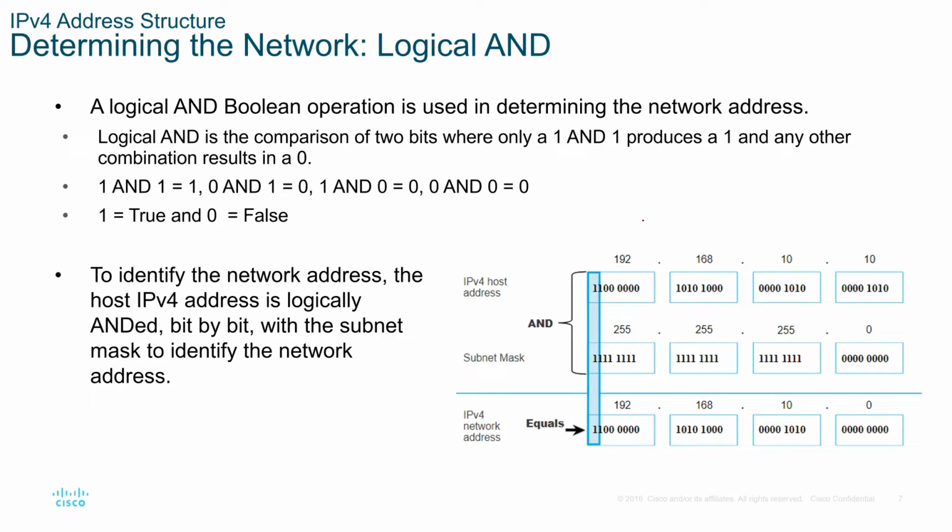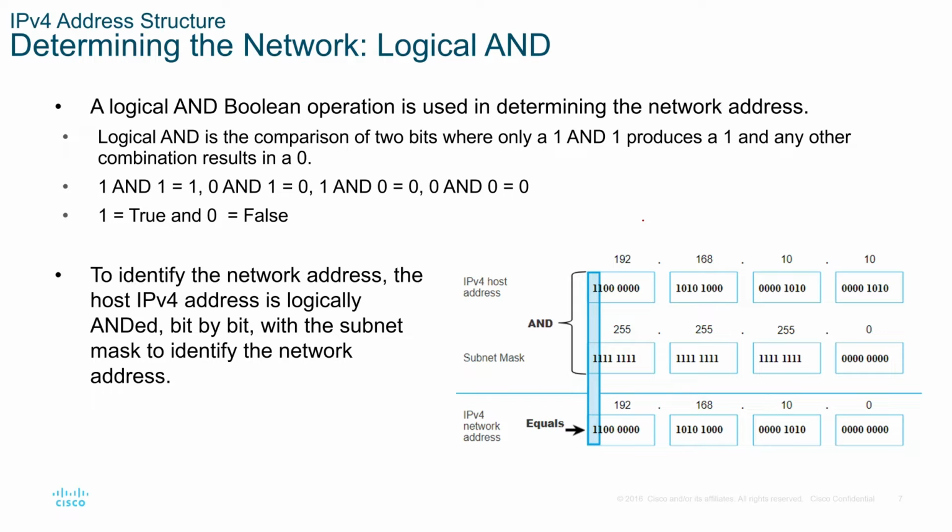The logical AND Boolean expression is used in determining the network address. An AND gate, along with a combination of other gates, is referred to as Boolean algebra, and it is named after Dr. George Boole, who was the first professor of mathematics at the University College in Cork, Ireland.